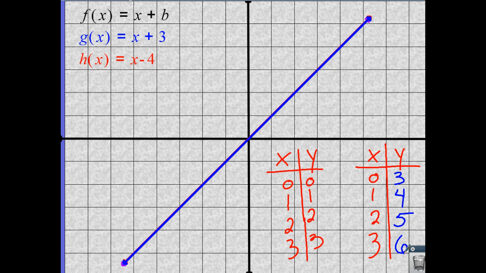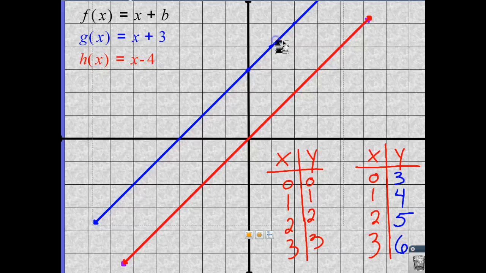So when I graph my new line, I have my ordered pairs of 0, 3, 1, 4, 2, 5, etc. And we have this parent function, this parent line, this linear function, just translating 3 units upward on the y-axis. So we call this a translation.